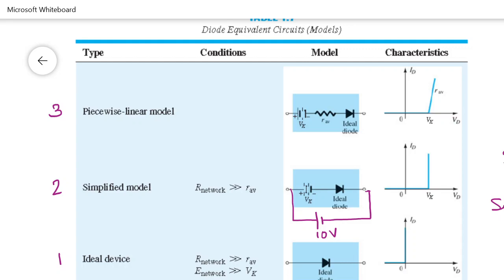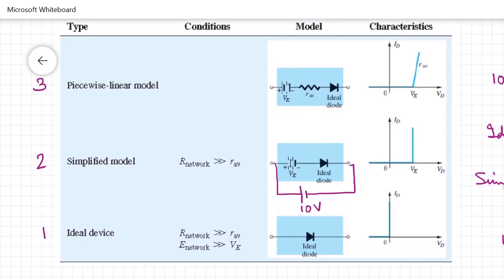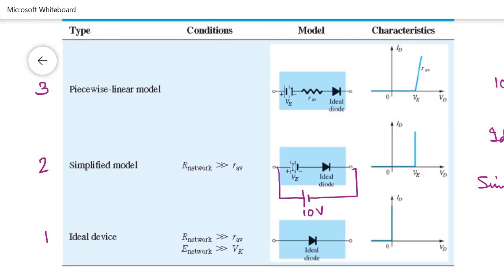This is plus minus Vk, and here it is 0 volt across this. So now you can solve the circuit very easily. When you are using the piecewise linear model, in the same circuit that you see here, the diode has to be replaced like this.